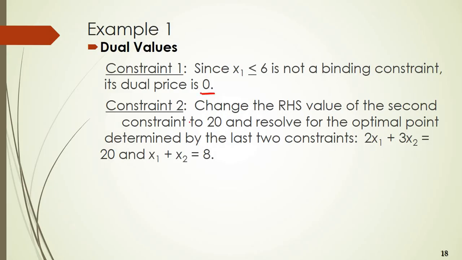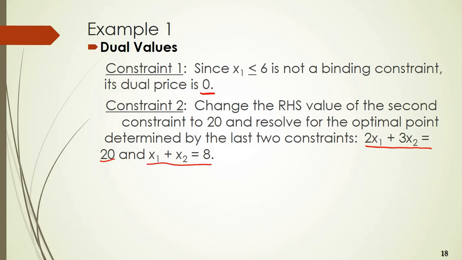Change the right-hand side value of the second constraint to 20 and resolve for the optimal point determined by the two last constraints. Given the two constraints, which are 2x sub 1 plus 3x sub 2 is equal to 20, so the 20 there has been changed, and x sub 1 plus x sub 2 is equal to 8.